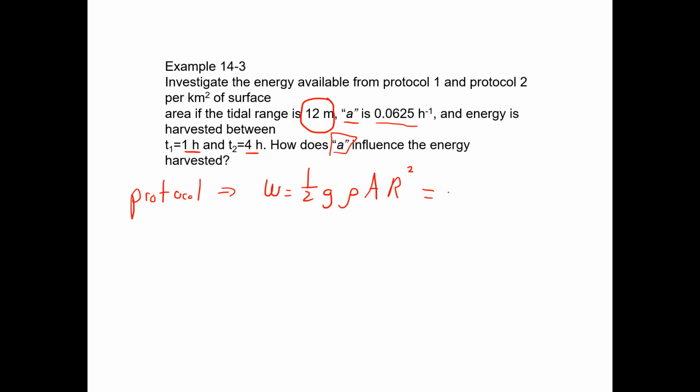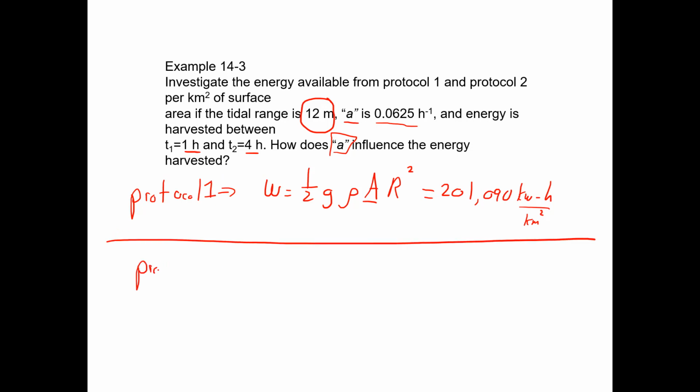Basically, from that protocol you would get a total of 201,000 kilowatt hours, and that's per square kilometer if you fill in 1 square kilometer for A. Again, that's for protocol 1.